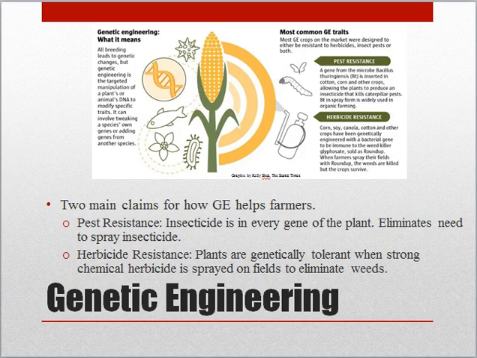Rather than spraying an insecticide on the outside of the plant, the insecticide is within the plant, including the roots, leaves, fruits, and all other parts. With the chemical inside the plant, the farmer does not need to apply chemical insecticides.